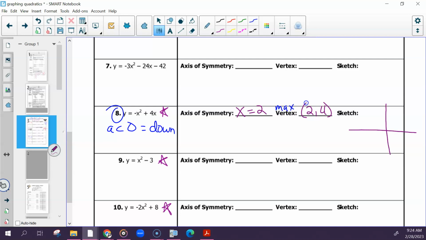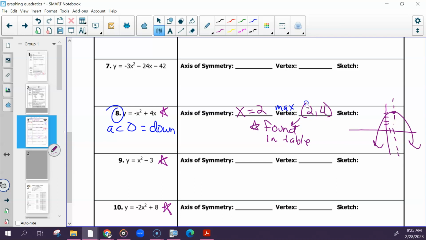So our vertex would be over to the right 2, up 4. We know it's a maximum. We know it's going to face down. So we'll look something like that. Oh, I forgot my axis of symmetry. For this problem, I would just say found in table. That would be my work.